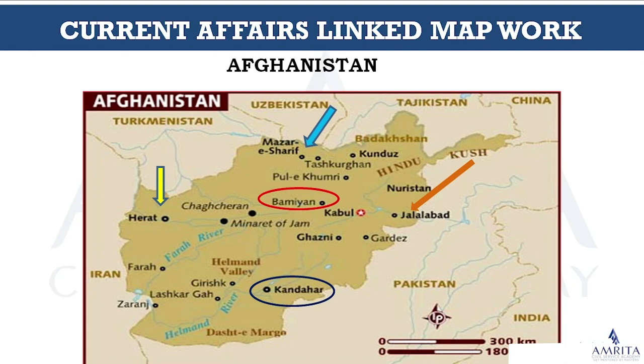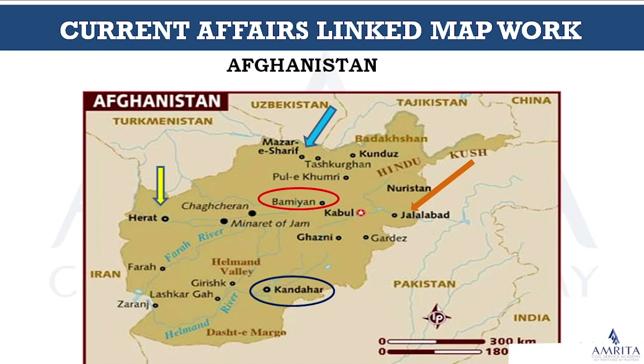Then Kandahar is in the south, that is blue marking there, blue circle. Then Herat, another famous place, that is yellow arrow shows Herat. Then Masari Sharif, that is in the north, that is green arrow. Then Bamiyan is near Kabul, you can see Kabul there. Then Bamiyan was famous for Buddhist monuments and all.